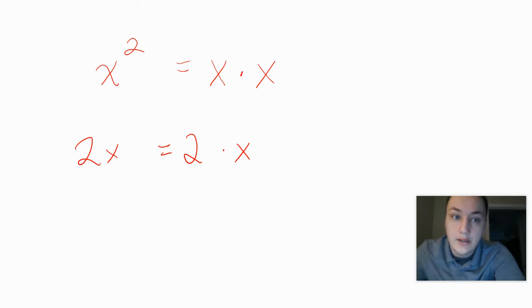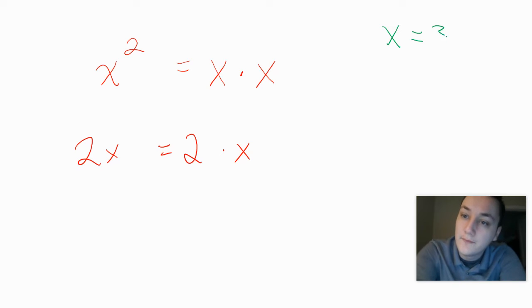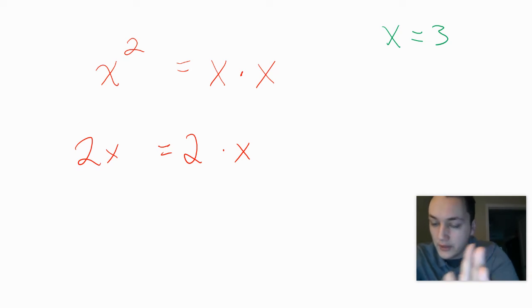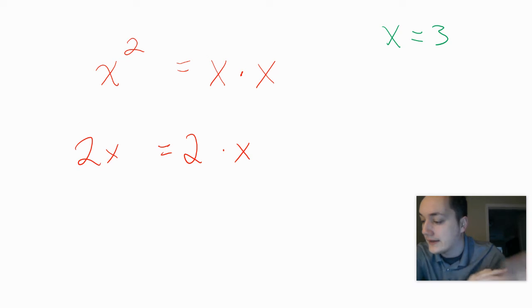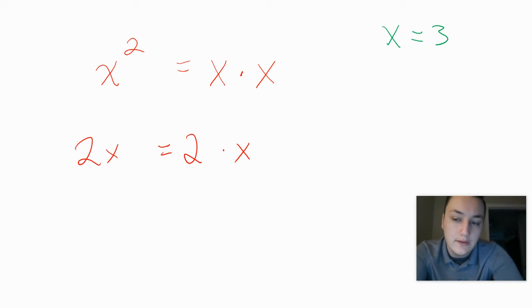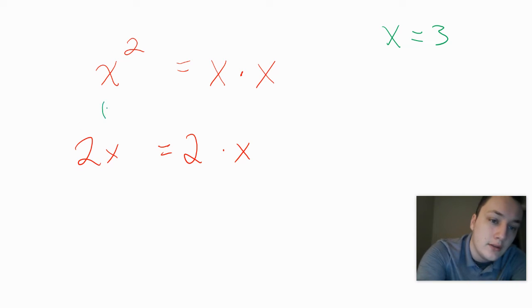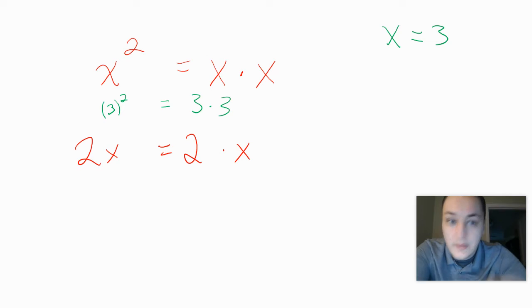Well, not quite. Pretend that you plugged in the number 3. Let's just say that x equals 3 in this case. I picked a random number. It doesn't have to be 3, but let's just say x is 3. Then when you plug 3 into the equation, 3 squared will equal 3 times 3. That's just plugging in 3 for where all the x's are.